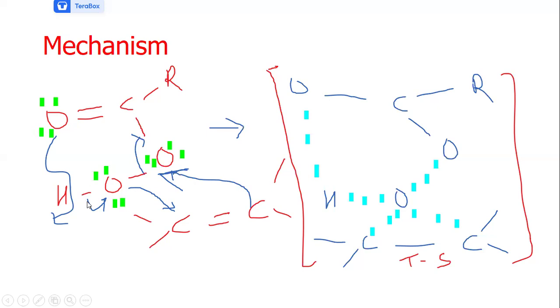So the electron density is high and it attacks this carbon, and this double bond also has higher electron density. So this electron density is also abstracted by this oxygen, and it moves toward this carbon bond. So this transition state is formed.